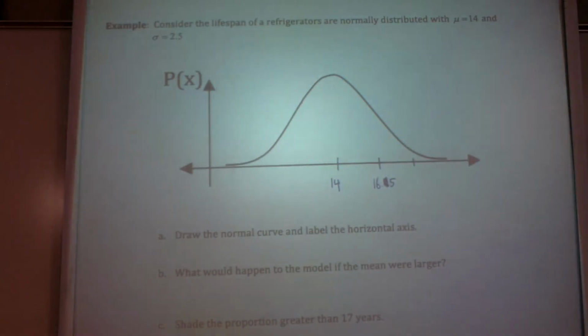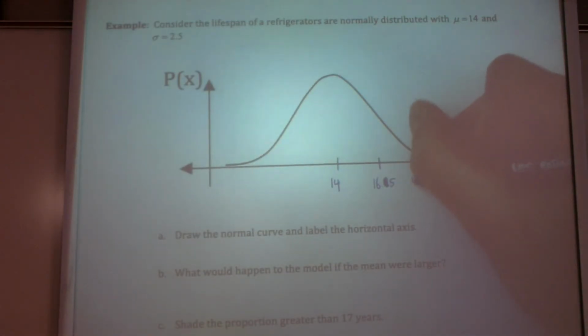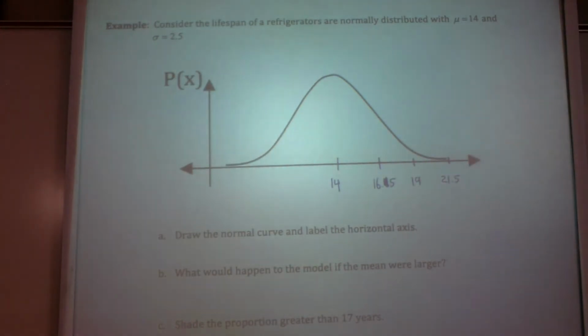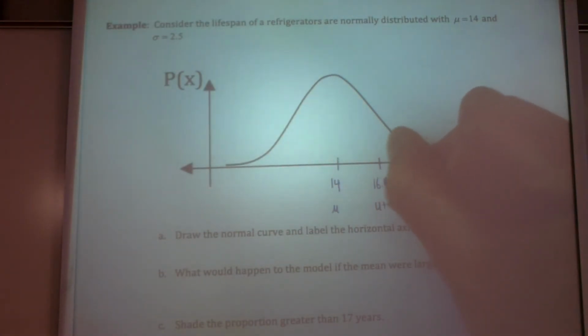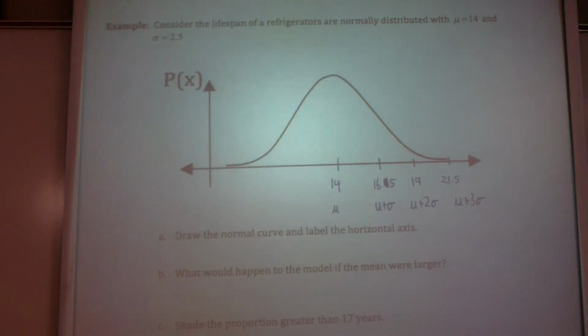That's 16.5. Now we're going to add 2.5 again. That's going to make it 19. And if I go out 2.5 again, that would be 21.5. So what I've done is I took the mean, I added one standard deviation to the mean, I added 2 standard deviations to the mean, and I added 3 standard deviations to the mean.